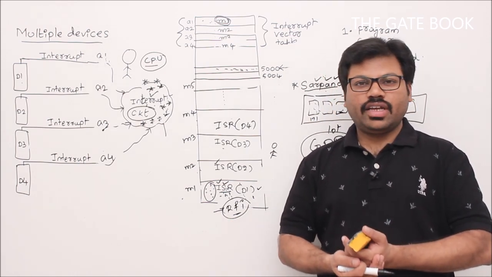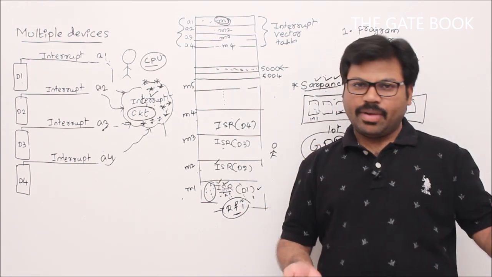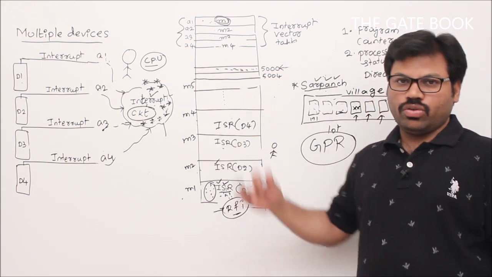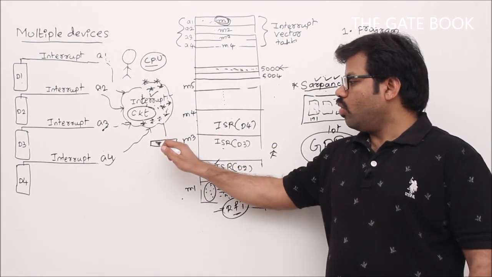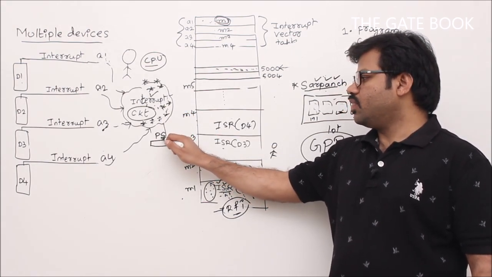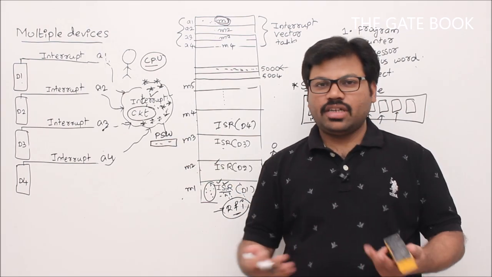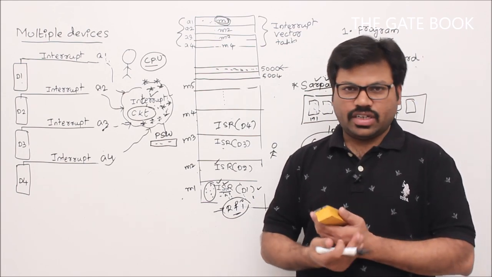Then how much time will it take? Definitely every register we have to store in memory, then bring it back. It takes a lot of time, correct? That's why a good design generally won't do that. But the interrupt circuit is going to save only the processor status word, correct? Because that is only one word or two words, maybe 8 bytes or 32 bits, otherwise 64, depending on the architecture.